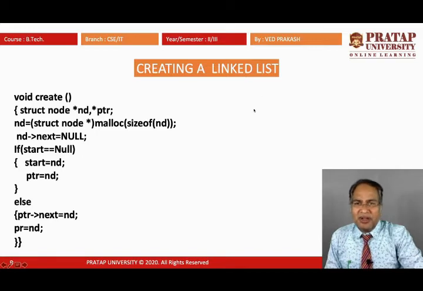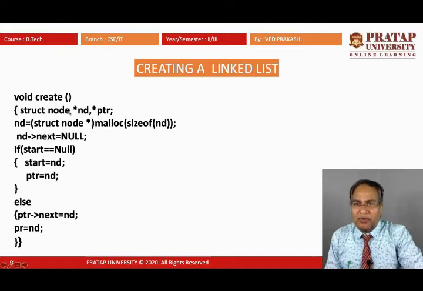Now the next point is how we create a linked list. Basically, we know that a linked list is a collection of nodes, and these nodes are connected to each other in a chain form.